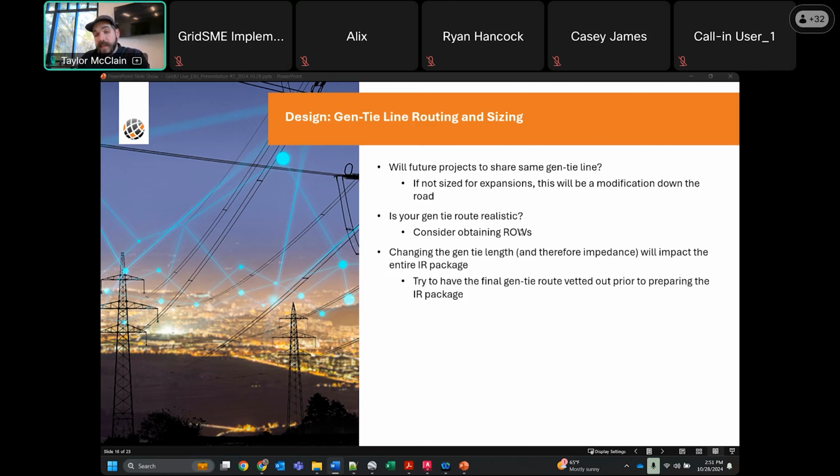The next thing, we touched on this a bit this morning as well, is considering your right-of-ways when you're looking at your gen tie route. It is going to be difficult in these early stages to know everything about those right-of-ways and what's likely to be able to be obtained and what's not, based on not knowing who the landowners are and all sorts of things. So really what you can do best is just try and have your gen-tie route be as short as possible.